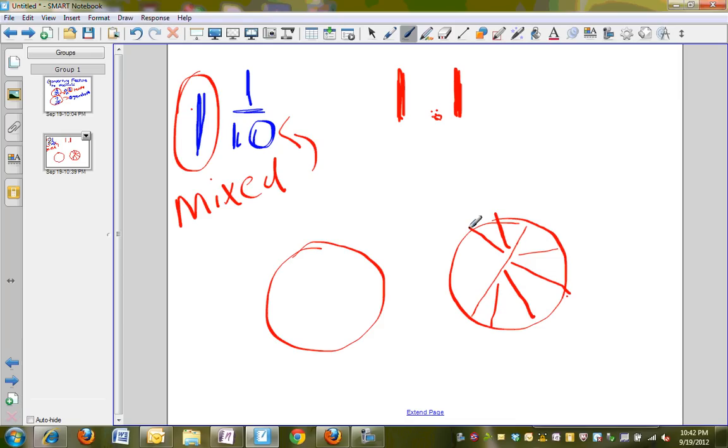And forgive my drawing, it's just kind of hard to draw in here because I'm using the mouse. Alright, so this pizza is divided into 1, 2, 3, 4, 5, 6, 7, 8, 9, 10 slices.